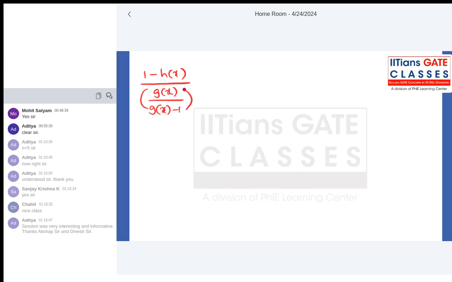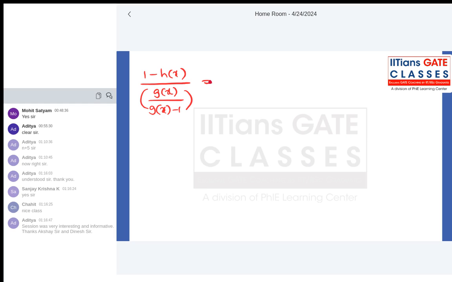This is what they are asking, right? So now the question is, we don't see any option which is similar to this, right? So we need to simplify further.